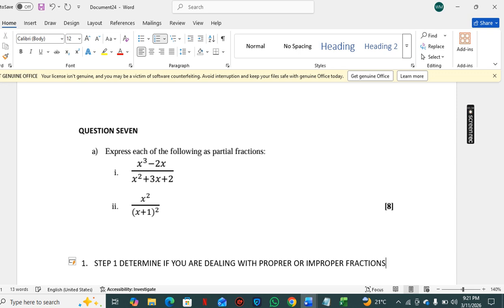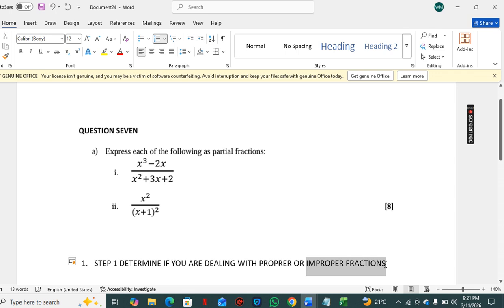I won't really call this a step because all the time you're going to be dealing with improper fractions. When you're dealing with an improper fraction, you have to do polynomial division. All the questions that they'll give you, you have improper fractions.